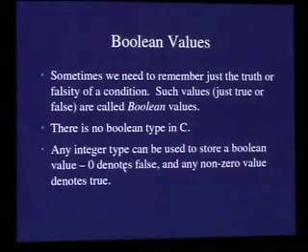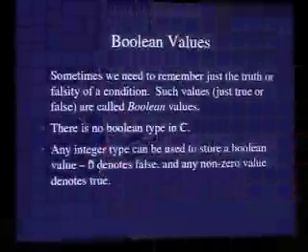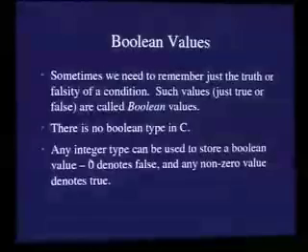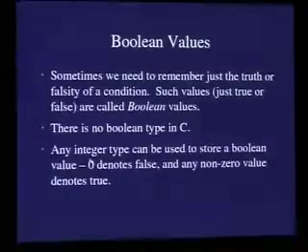However, there is no Boolean type in C, and to store Boolean values, that is true or false, we can use any integer type: character, integer, long, short, any of them. In the integer representation for Booleans in C, the value 0 denotes false, whereas any non-zero value, which may be negative or positive, denotes true.